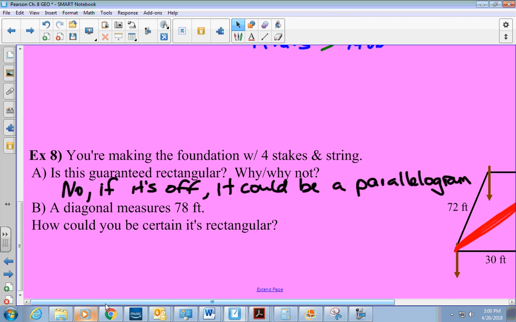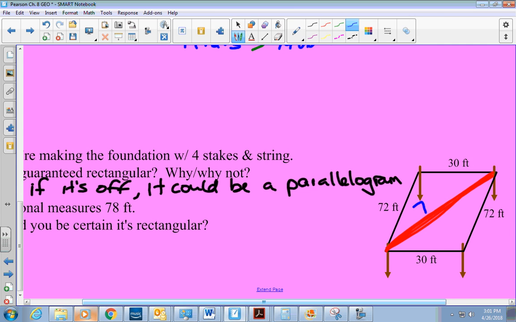So we get a diagonal. It measures 78 feet. Determine, using the Pythagorean theorem, if we have a true rectangle. So we're going to test: is 72 squared plus 30 squared equal to 78 squared?